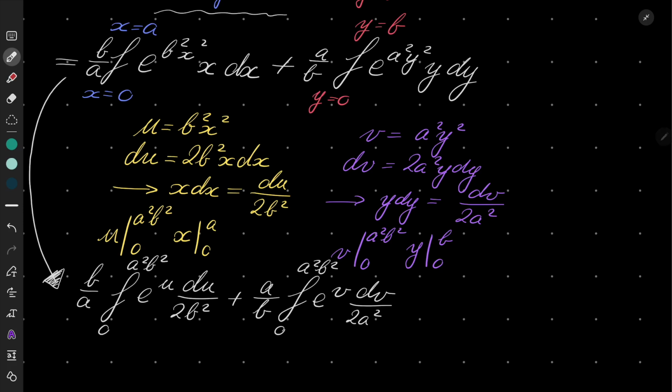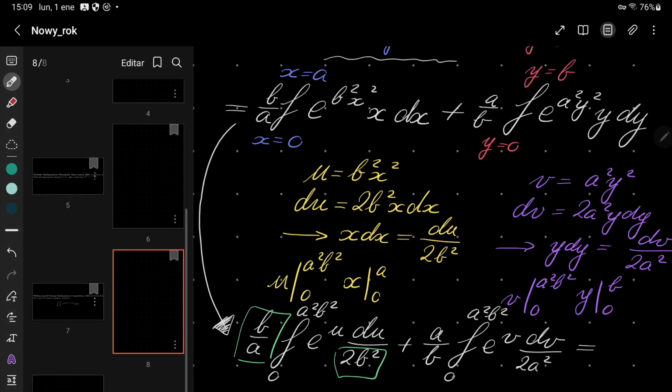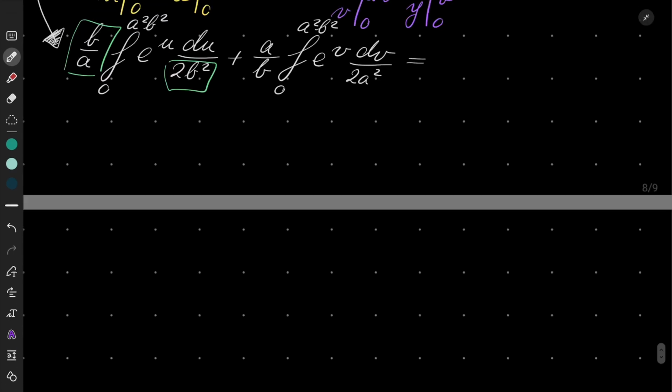And now let's simplify it. What can we do? Well, look, here we have a bunch of constants. We have b over a, here we have 2b squared. So that will be, you know what, I need a new page. Okay.